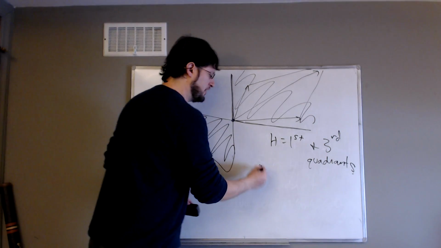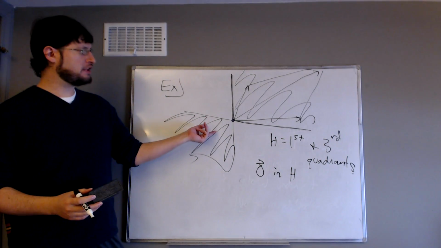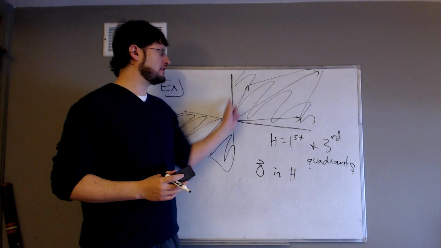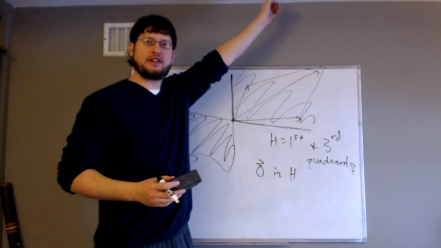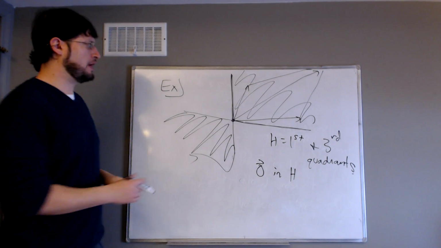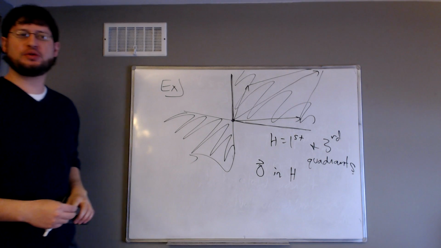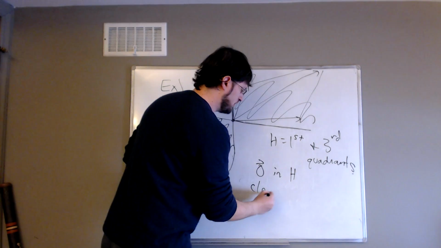Now 0 is in H, and we've set it up so that it's closed under scaling. If I take a vector that's up here and I scale it by a positive number, it stays in the first quadrant. If I scale it by a negative number, that pushes it to the third quadrant, but since we've included the third quadrant, everything is good to go. So it's closed under scaling.